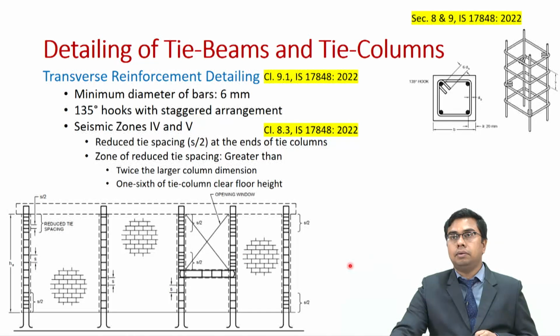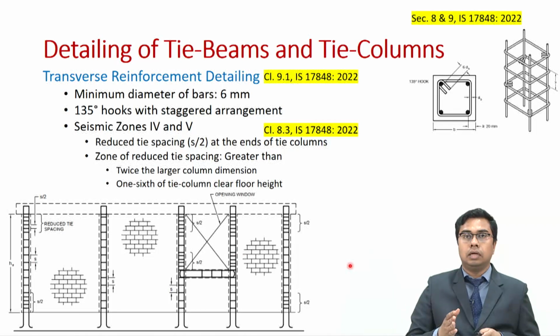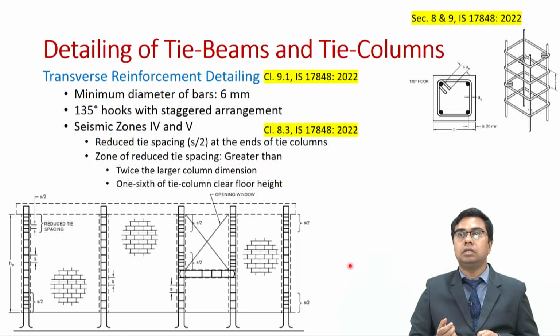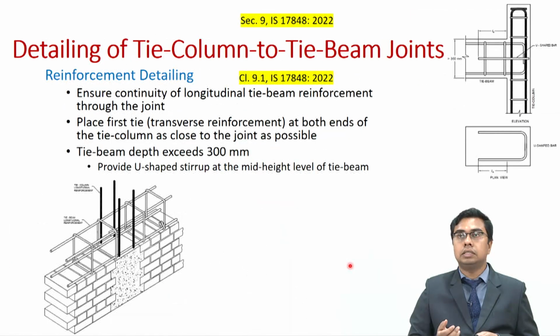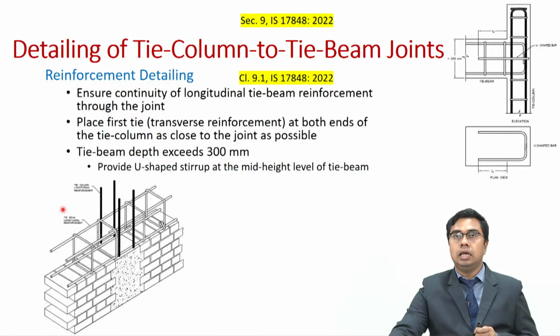Okay. Once you have understood the specifications related to longitudinal steel and transverse steel in case of tie beams and tie columns, now let us also understand the reinforcement detailing related to their joints, that is the tie column to tie beam joints. In any joint, you shall ensure the continuity of longitudinal tie beam reinforcement through the joint.